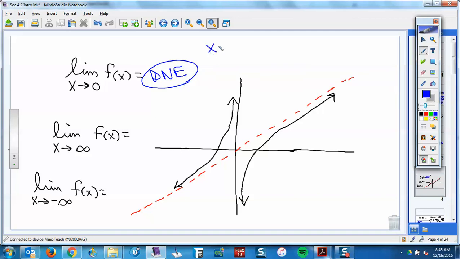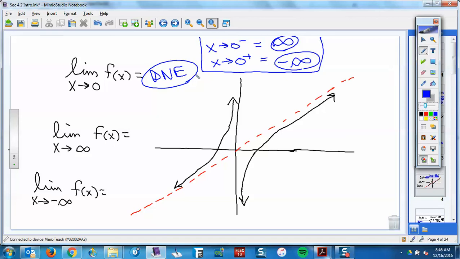Now we would tell the story: 0 from the left and 0 from the right. 0 from the left, this car is going up to positive infinity. Car on the right, negative infinity. And we would add that to our answer of does not exist. We're telling why it doesn't exist. Why don't the cars meet? Because the car on the left is going here, the car on the right is going here. They're not coming in towards a number, so the limit does not exist.